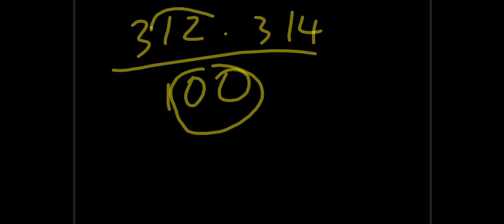Therefore, you're going to take the first 2 numbers, and they are going to be shifted 2 steps back, because we are dividing by 100, and this 100 has 2 zeros. And so each digit is going to be shifted 2 steps from where they were, to the right.